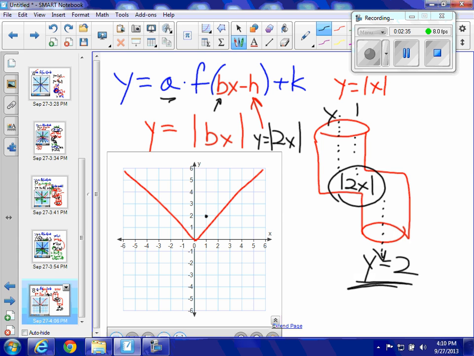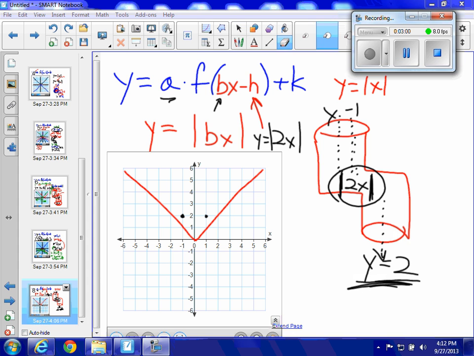And that would also work for negative 1. Negative 1 times 2 is negative 2, but I am taking the absolute value of that. So the absolute value of negative 2 is also y equals 2. So at negative 1, my y is also equal to 2.